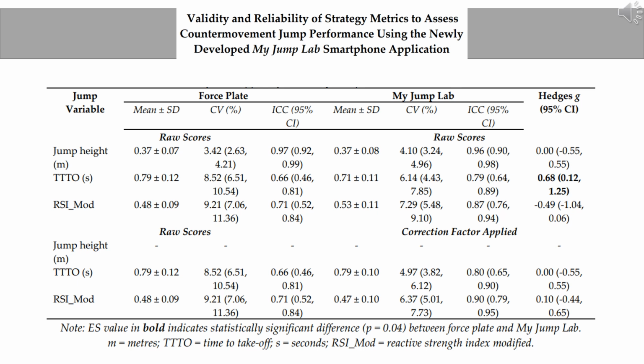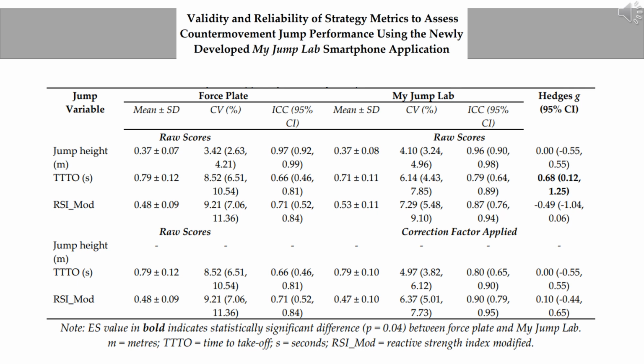And this correction factor has now been embedded into the time to take off metric in Carlos's My Jump app, so that practitioners can confidently gather jump height, time to take off, and RSI mod just from using his app now moving forwards.